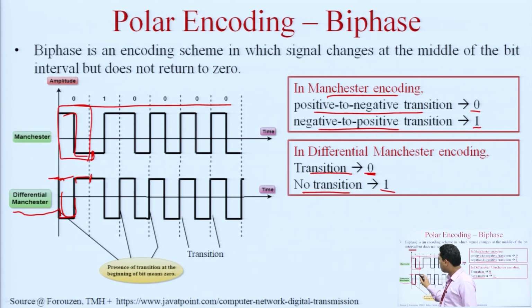In case of 1, no change in transition, so this line will move forward like this. Then 0, go to this, change transition. 0, again change transition. 0, change transition. 0, change transition. Suppose after this 1, it will continue like this. This is 1. So this is about the encoding schemes.